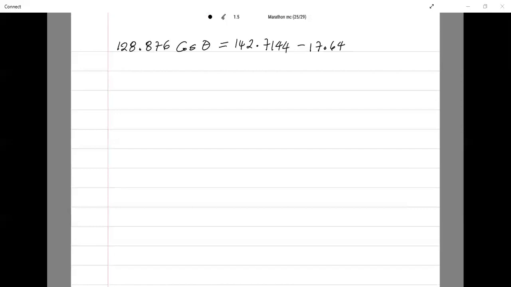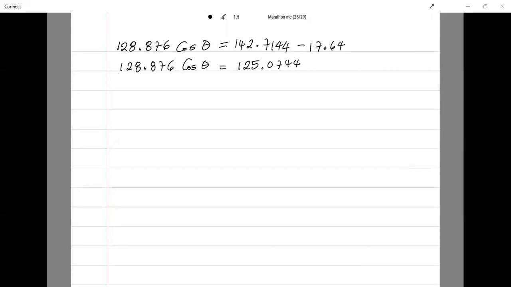So we end up with 128.876 cosine theta equal to 125.0744.